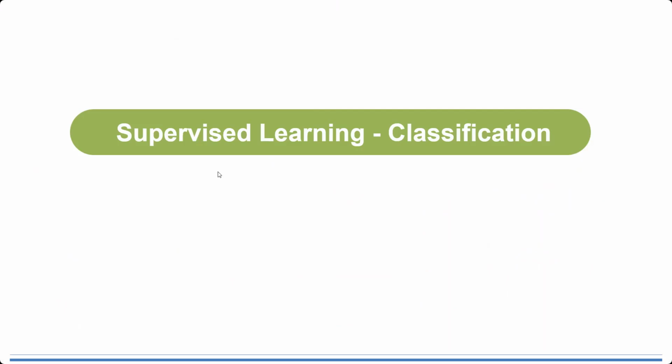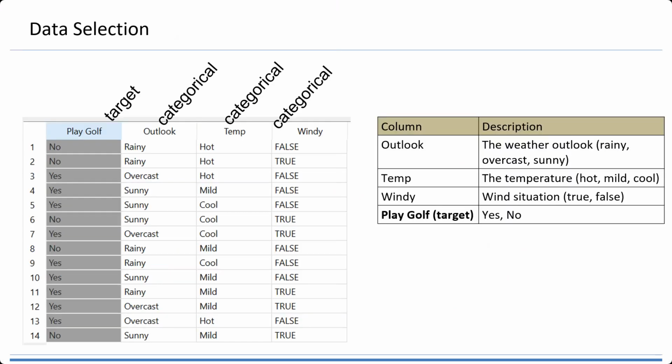Next section is about classification. As we learned in the previous section, if it is regression, then the target is numerical.